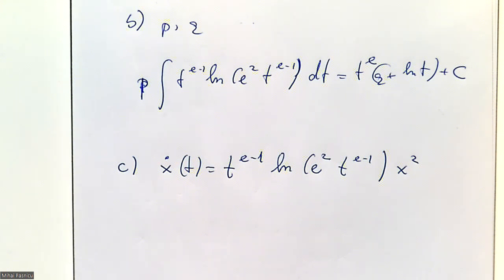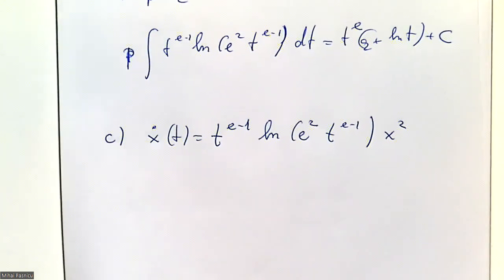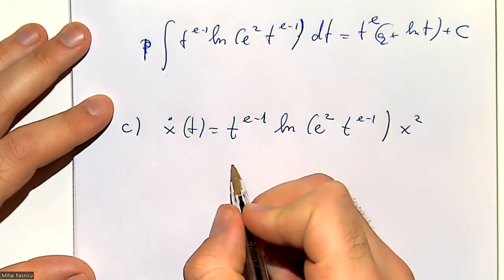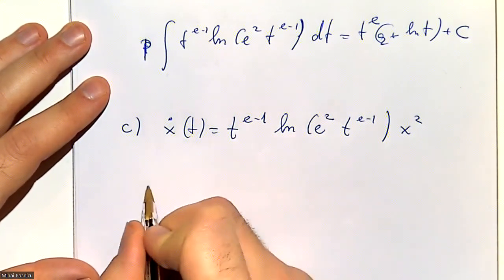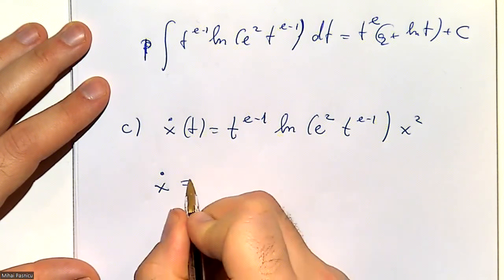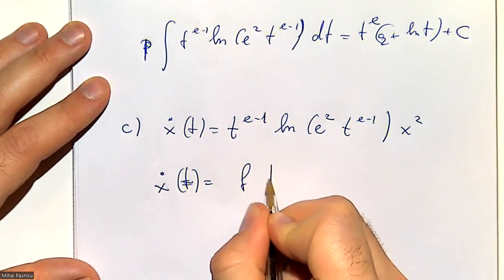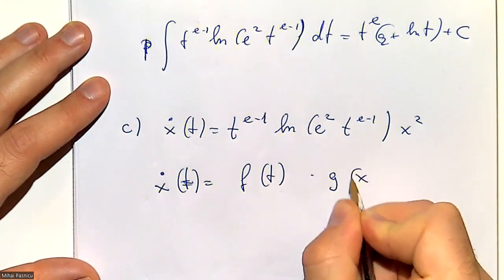Okay, so first of all, let's solve our equation. We'll look at it for a second, analyze it, and we know that my form has to be x of t, and I'm being careful right now, f of t times g of x.